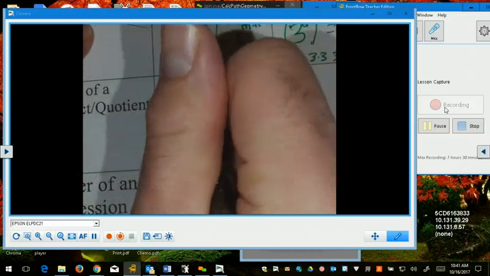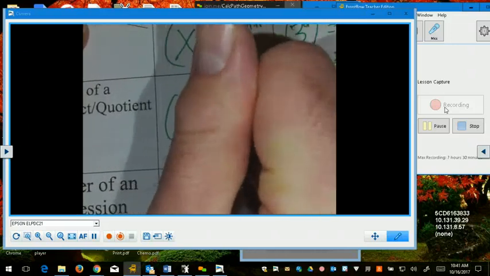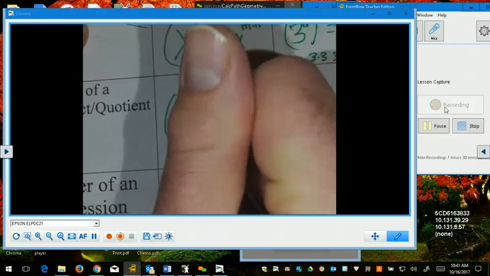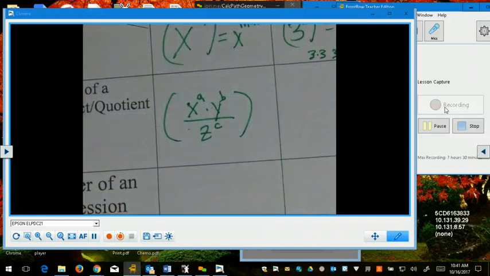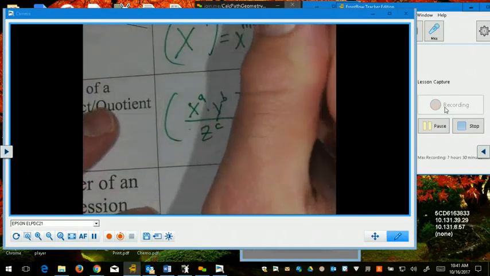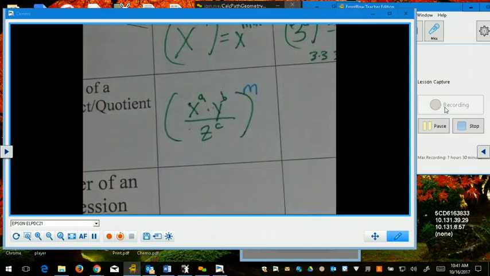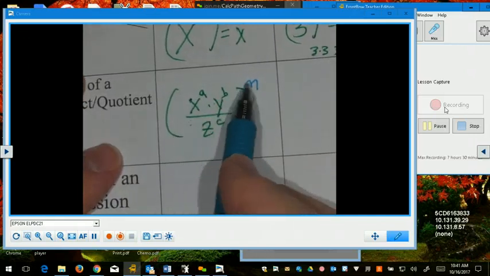I have x to the a times y to the b over z to the c. And I have this exponent m on top of all of them. Okay? And so I need to distribute it to every base in there.